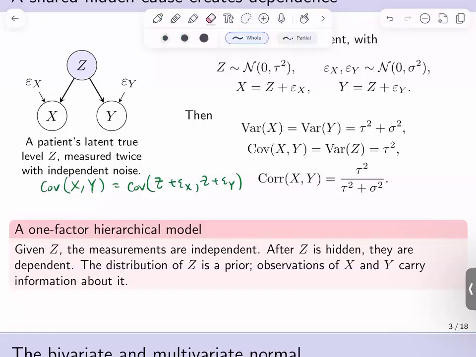Rather than trying to write down the expectations and calculate them, you could use properties of the covariance. Anyone remember a key property of the covariance operator?